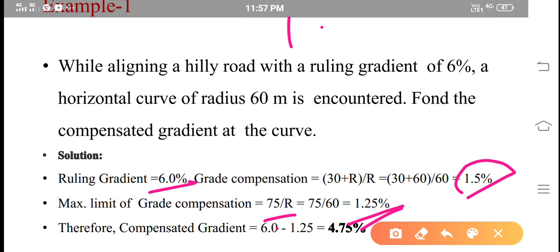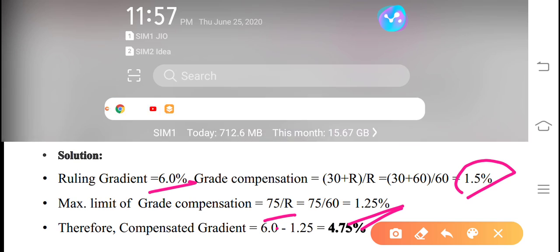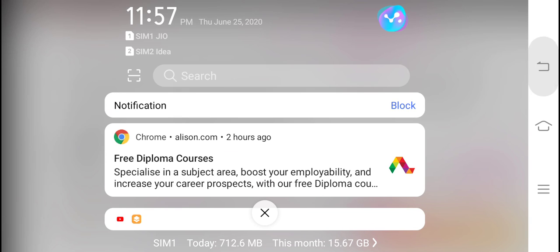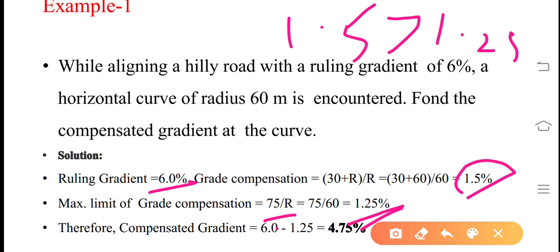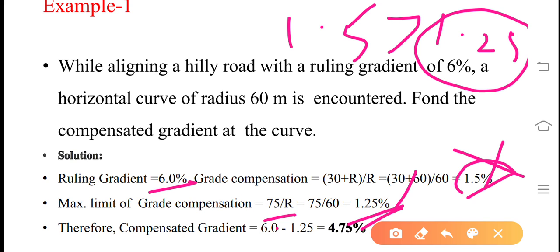Since 1.5 is greater than 1.25, you have to consider 1.25, not 1.5. This should not be considered. This should be considered. Therefore, compensated gradient is equal to ruling gradient minus grade compensation 1.25.